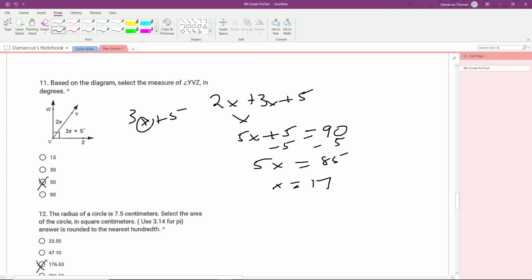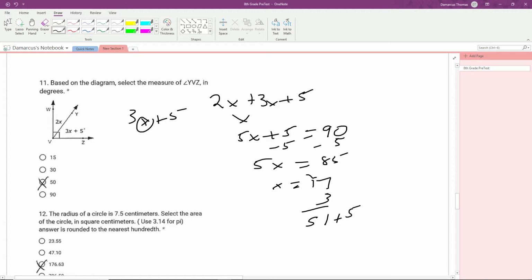And now plug 17 into that. 3 times 17 is already 51, plus 5 more makes 56.